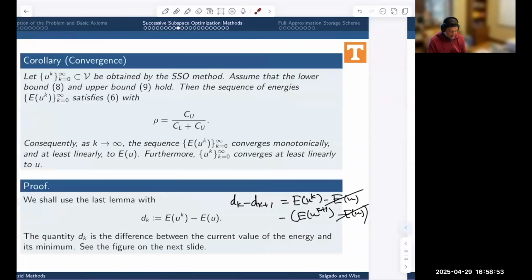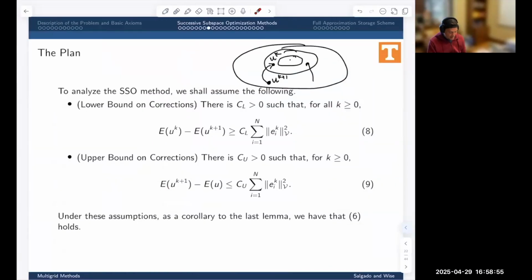What I'm going to do is take this C_L and move it over to the other side, multiplying or dividing both sides by C_L. That allows me to replace this instance here with this constant over C_L.